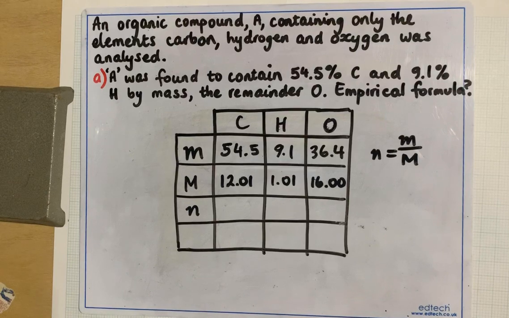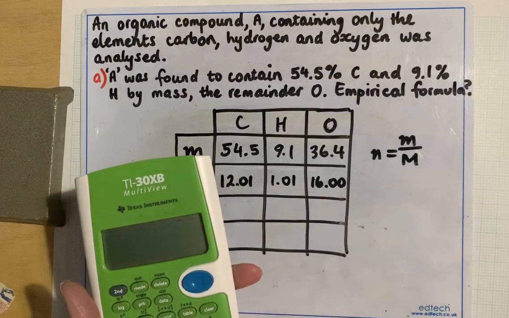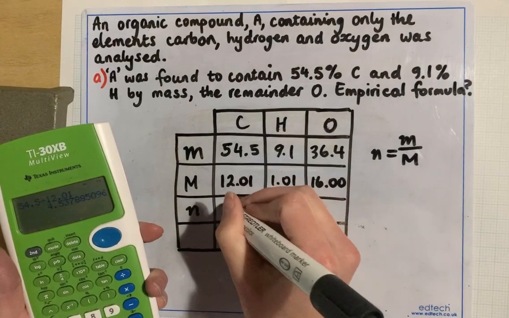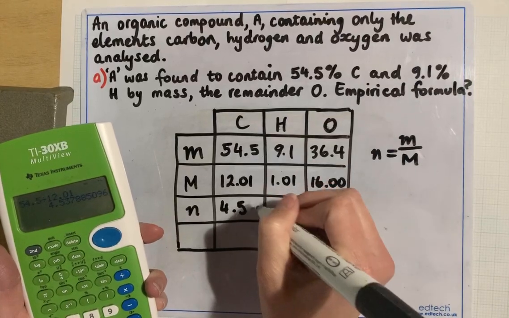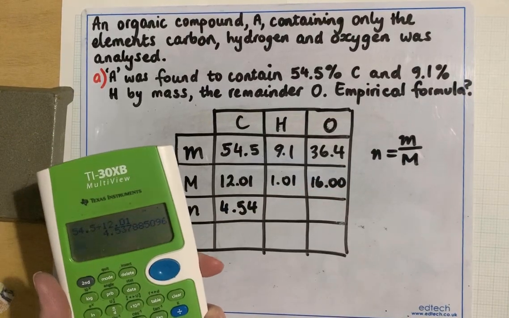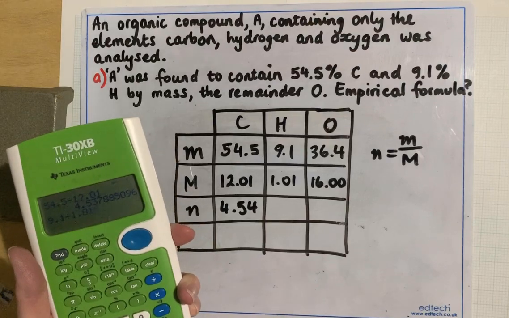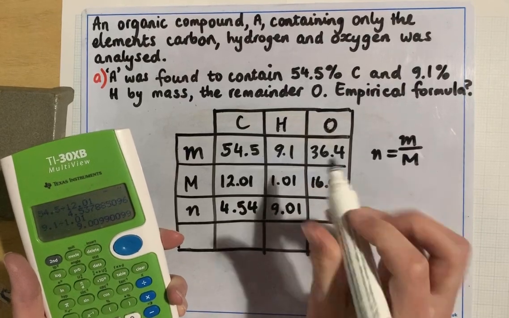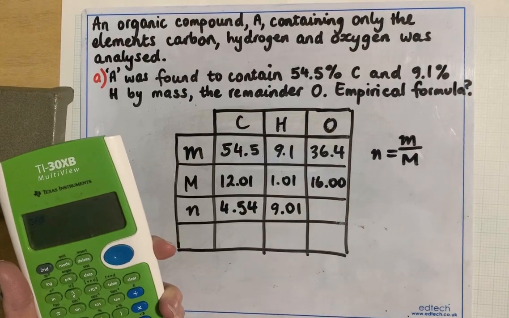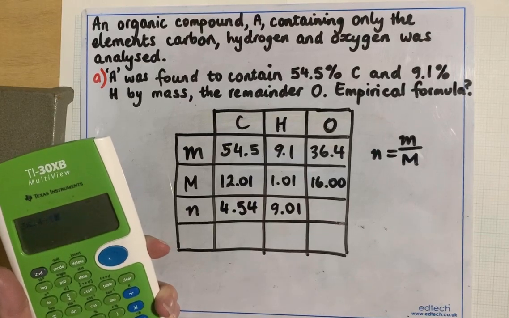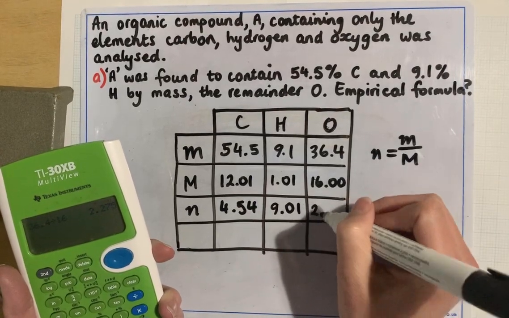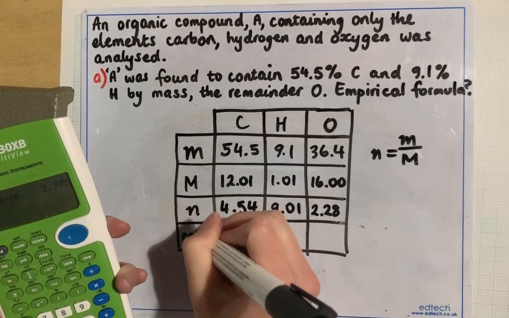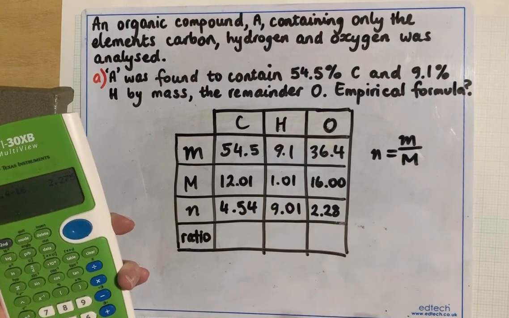So 54.5 over 12.01, 4.54 hydrogen, 9.01, and 36.4 over 16, 2.28. Okay, next, the last thing here that I need to do for my calculations is to find the ratio.